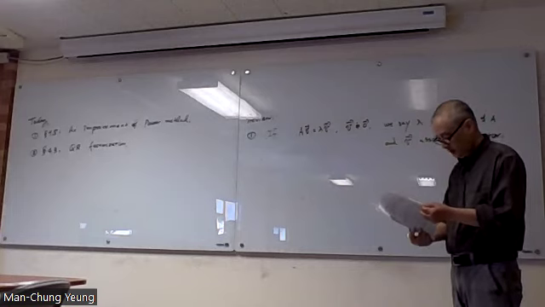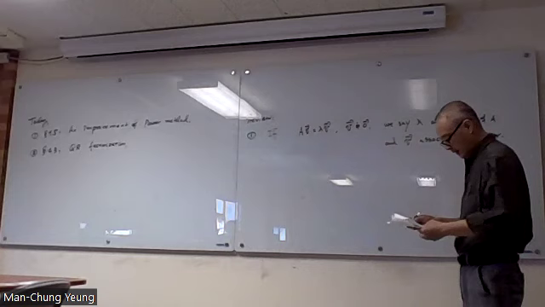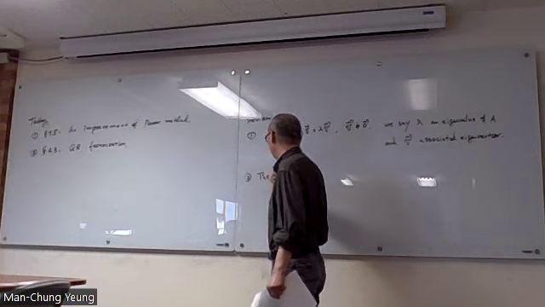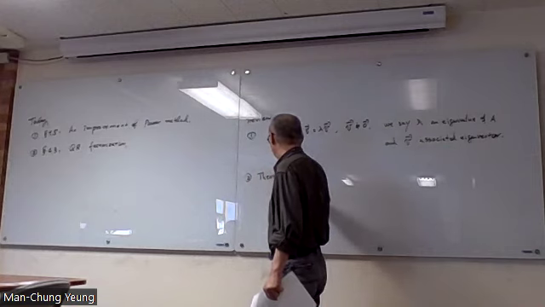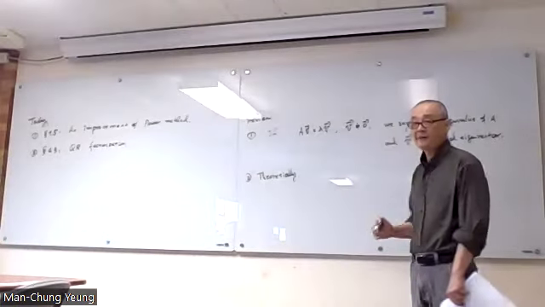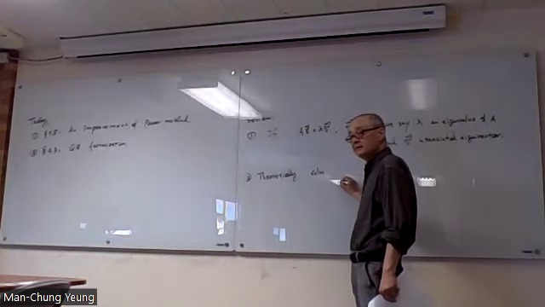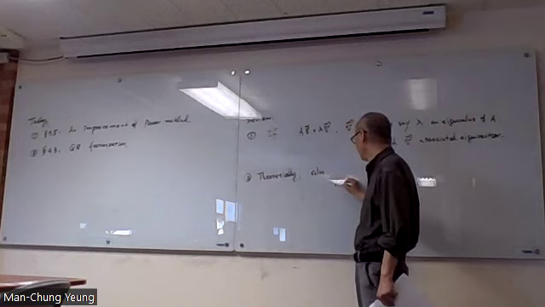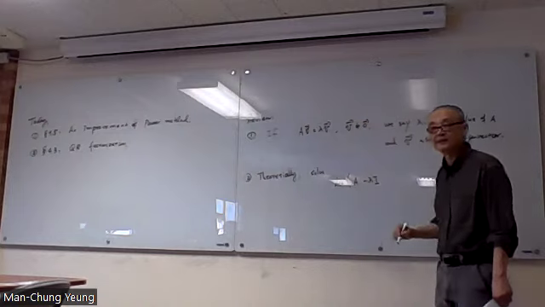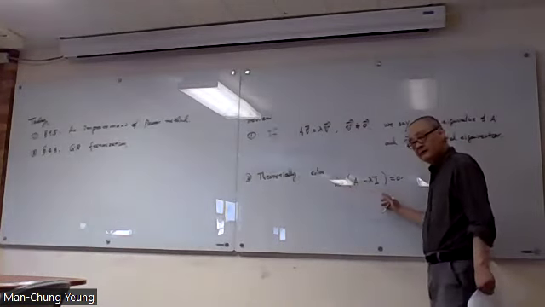Theoretically, to find all eigenvalues, solve this polynomial equation: determinant of A minus lambda I, where I is the identity matrix, equals 0.